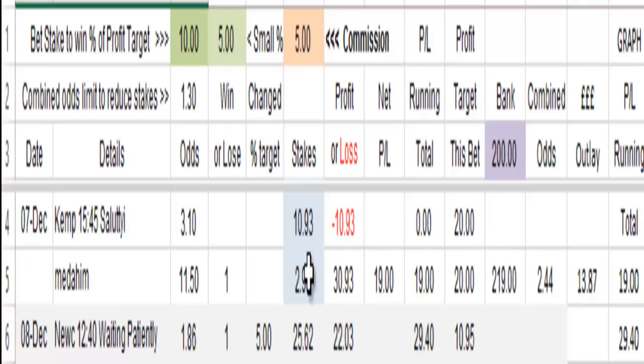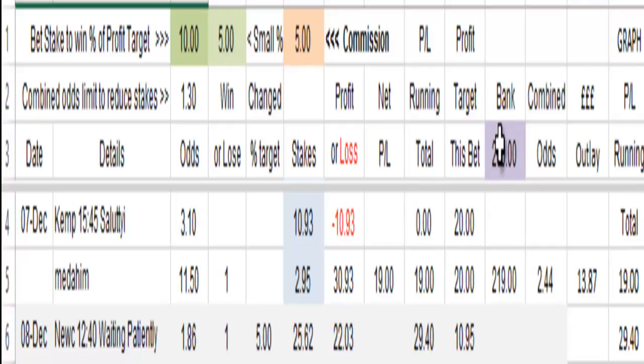Now with the 5% taken off, what we're looking for is a profit of 10% per double bet. This is a double bet, 2-horse bet, and I want to return myself 10% of my running total of my bank. The running total is 0 here, but it's here.